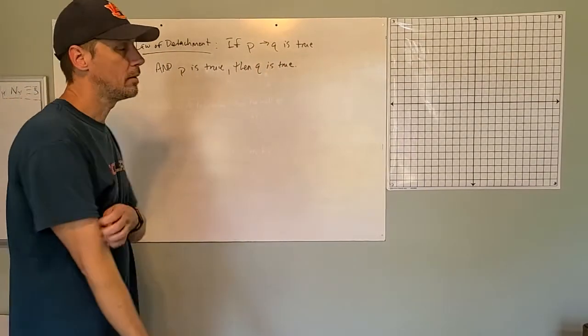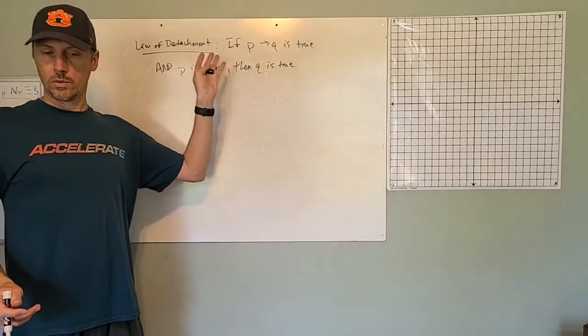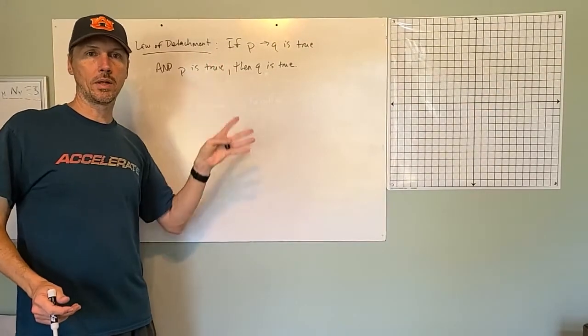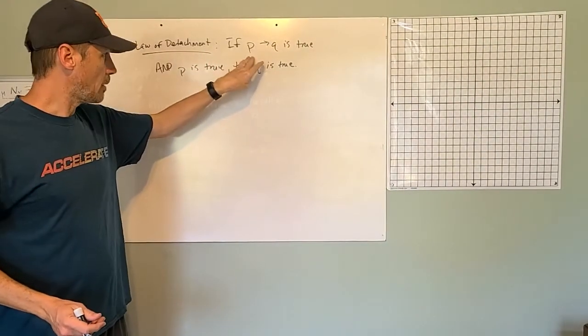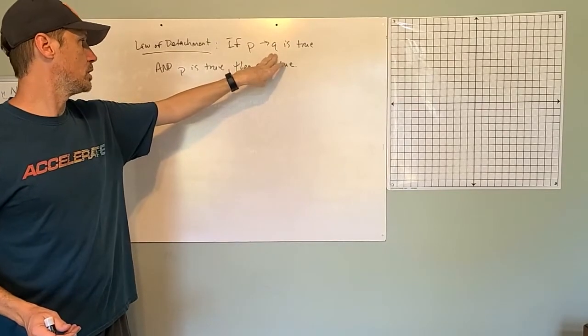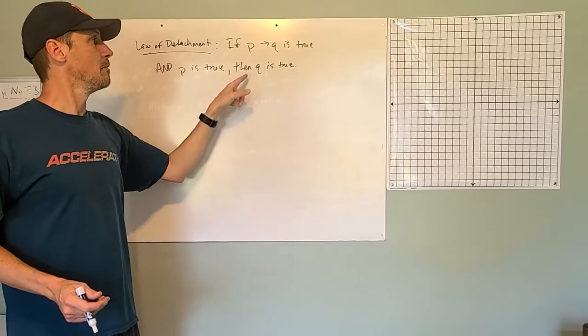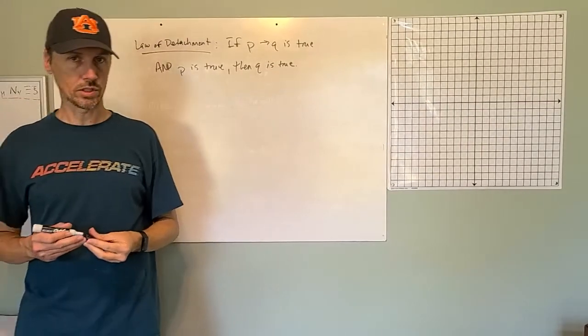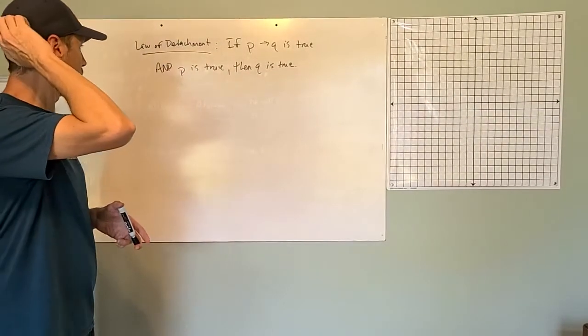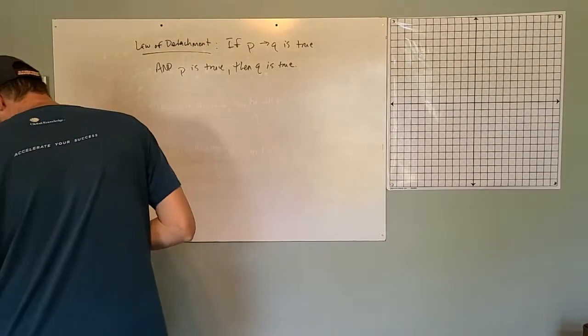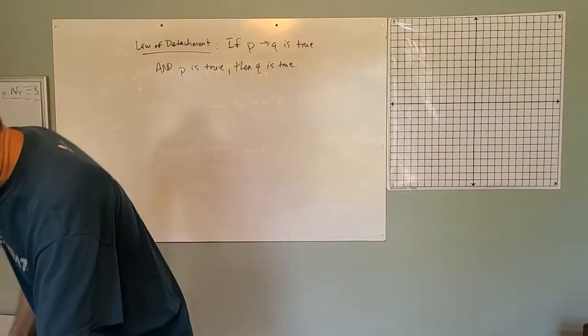In other words, with P implying Q, the hypothesis implies the conclusion is true. If that's true and the hypothesis is true, then we can say that the conclusion is true.